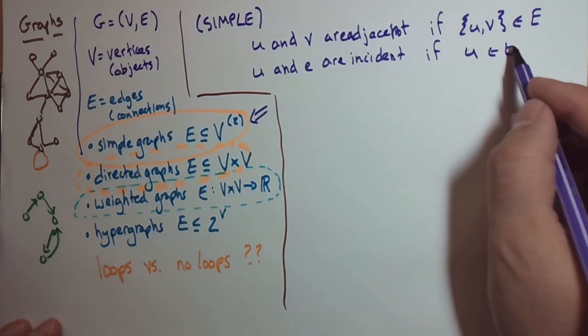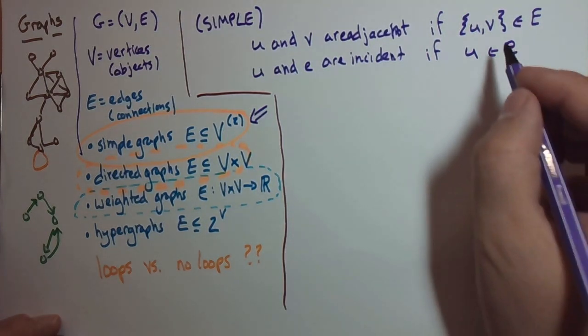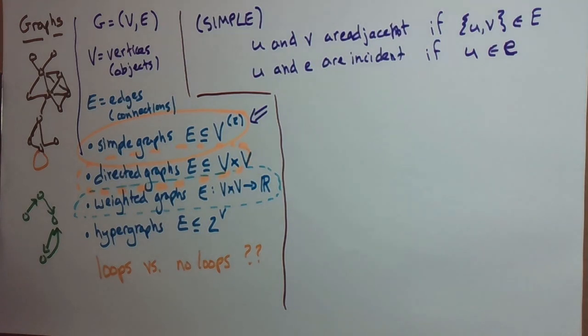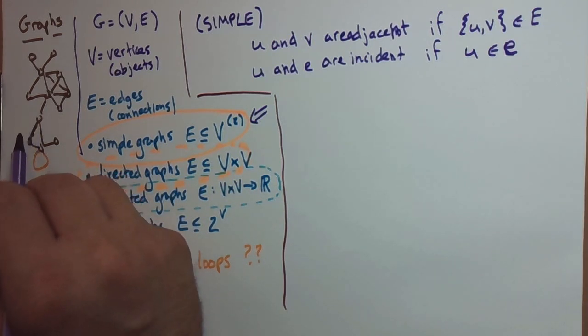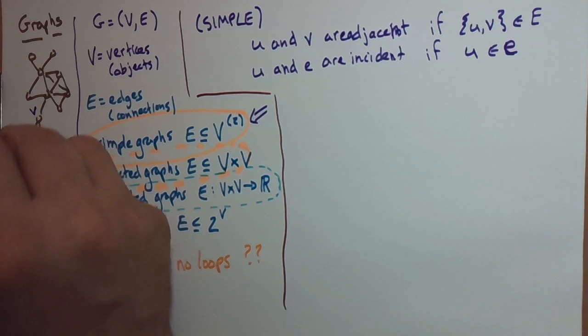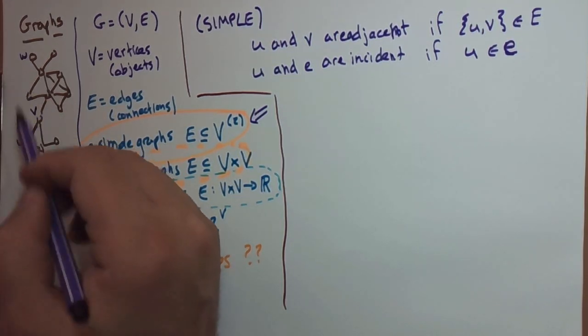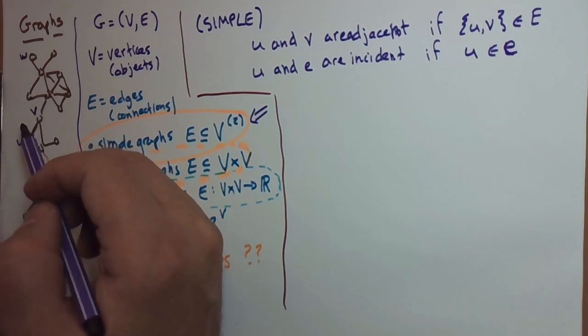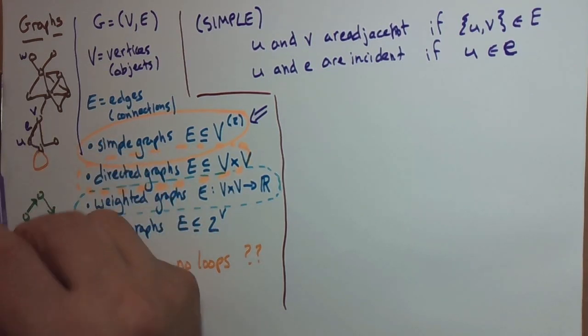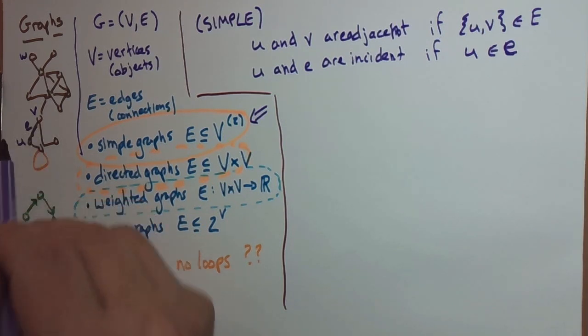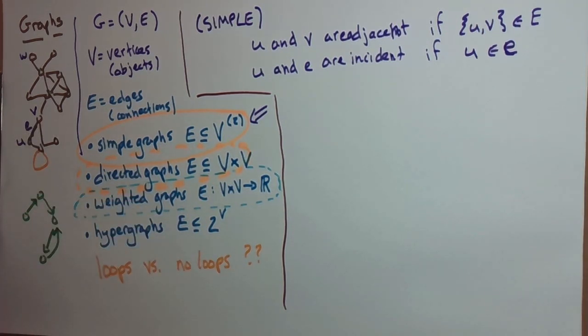Vertex U is in edge E. Yes, have to be careful there. So the vertex U is in the edge. And so if we were to come over here and we can just label things U, V, here's W. U and V are adjacent. U and W are not. If I put it here in E, U is incident to E, as is V. V is also incident to E. Okay.